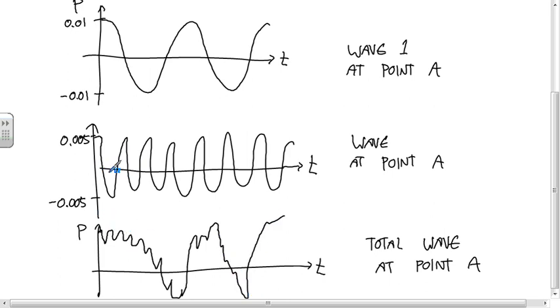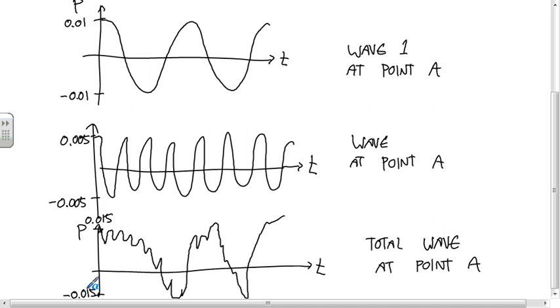The squiggly part comes from this second wave. The overall pattern comes from the first wave, and it's going to vary between 0.015 and negative 0.015. Okay, let's look at a couple in Excel so we can actually see what it looks like.